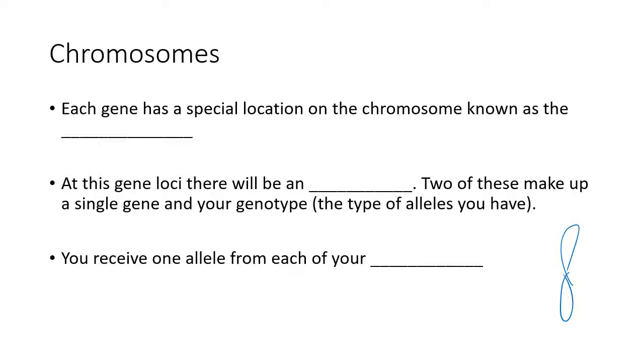The genes are found on the chromosomes, and each gene has a special location on the chromosome, and that's going to be known as a gene locus, or gene loci. And so what that means is that if this is a chromosome, maybe this is chromosome, I'll just go with 14, for example.